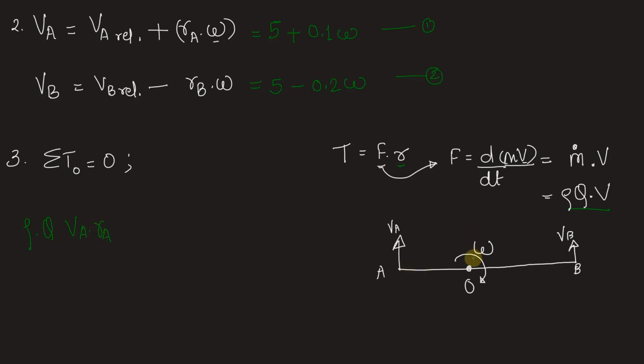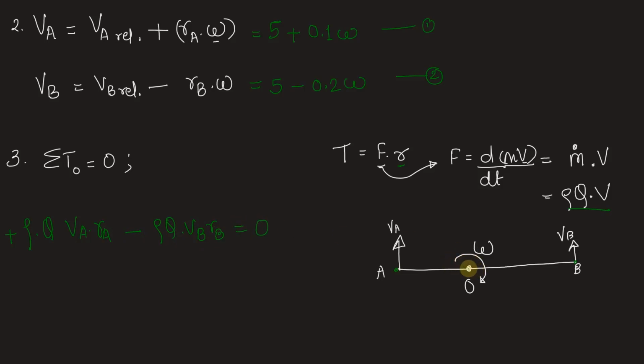This is creating a clockwise moment. That is why we have taken it positive. You can take anti-clockwise positive, that's not a problem. At point B, relative to point A, there is an opposite sense of moment. So there is an anti-clockwise moment. Hence it is negative: rho Q VB RB is equal to 0.